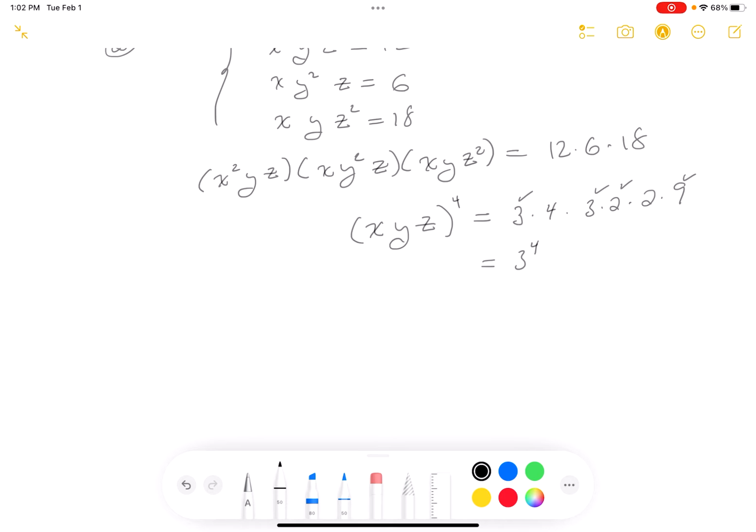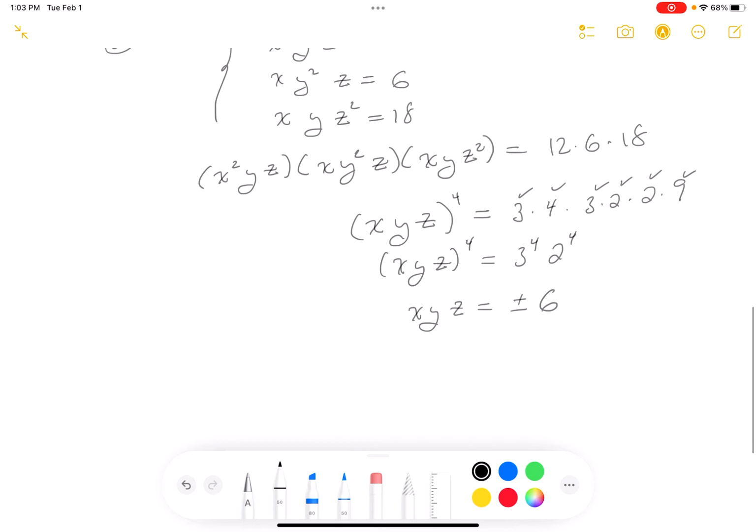And how many factors of 2 are there? 1, 2, and there's 2 there, so there are 4 factors of 2. So xyz to the 4th power. All right? So then the big question is, what would you get for xyz? Well, xyz could be plus or minus 3 times 2, which is 6. That does present a problem for me because there are 2 possibilities for that.